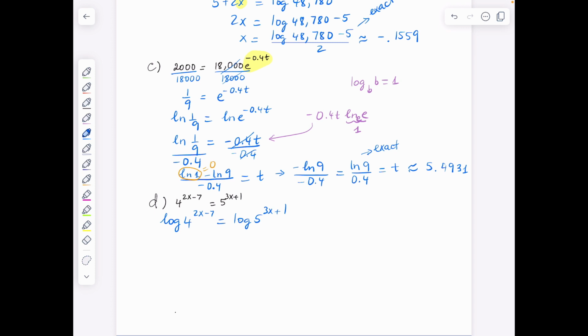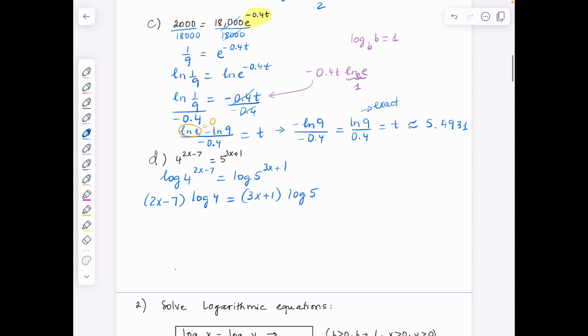Using the power property, we should be able to move all these exponents to the front. So in the front, I have 2x minus 7 in parentheses, and then times log of 4. And on this side, I should have 3x plus 1 pulled to the front, and times log 5. Now, at this point, we have x in two different places. We're going to somehow move them over to the same side.